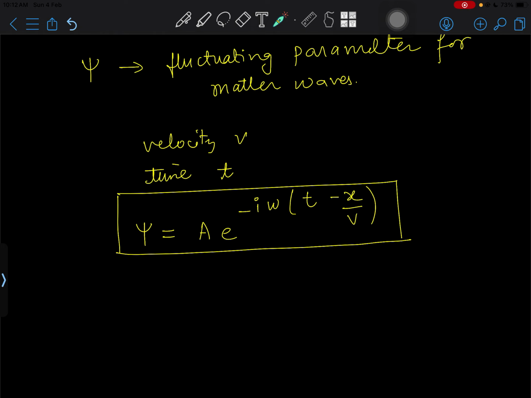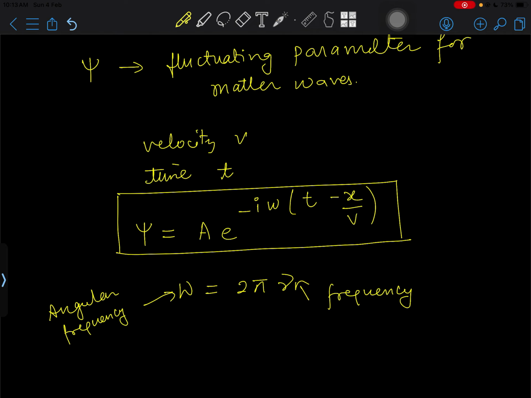Now it can be transformed to the simplest and most basic form by applying the principle that omega is equal to 2 pi nu, where nu is the frequency.